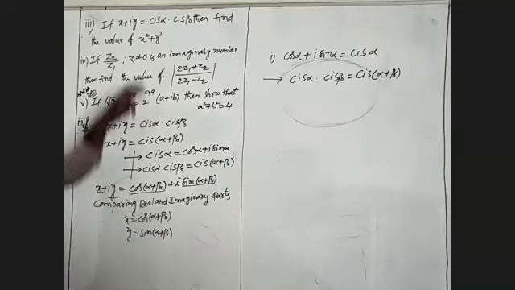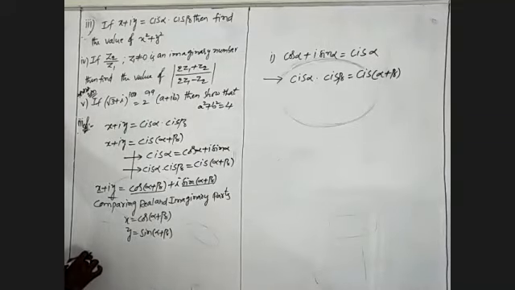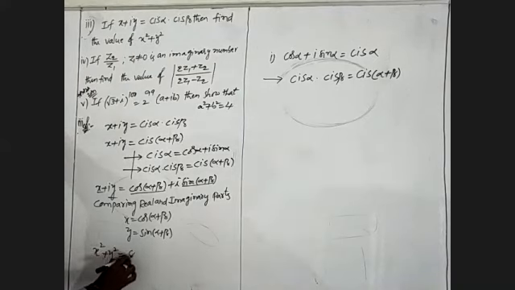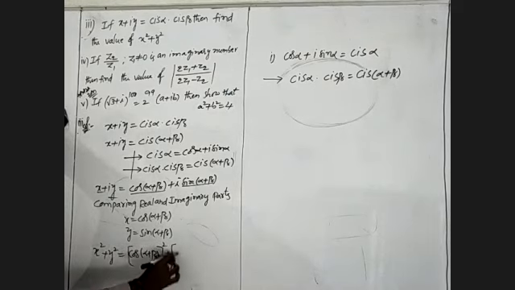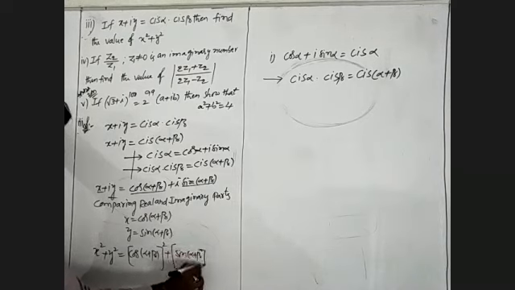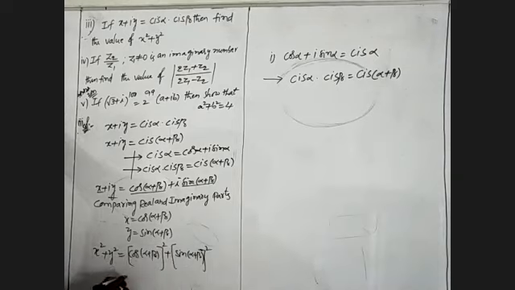But in this problem, we have to find their squares. That means x square plus y square is nothing but cos of alpha plus beta whole square plus sin of alpha plus beta whole square. Expanding, cos square of alpha plus beta plus sin square of alpha plus beta.